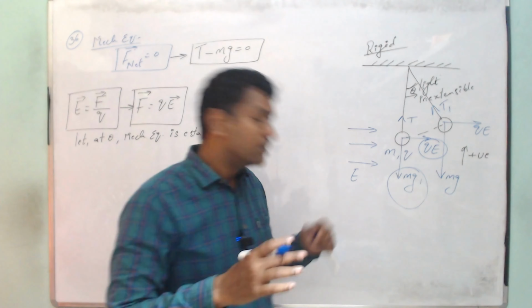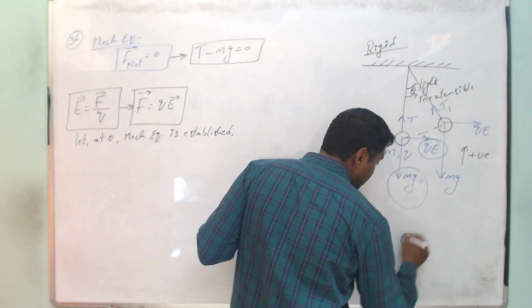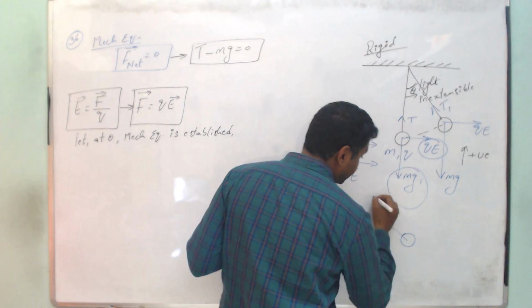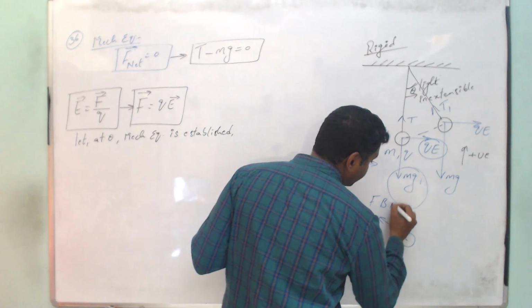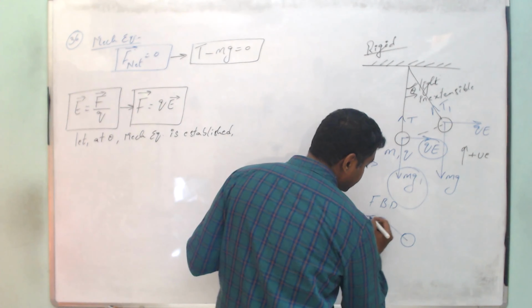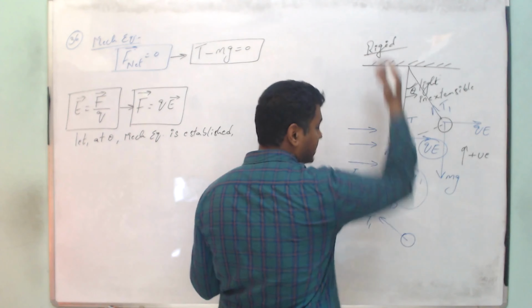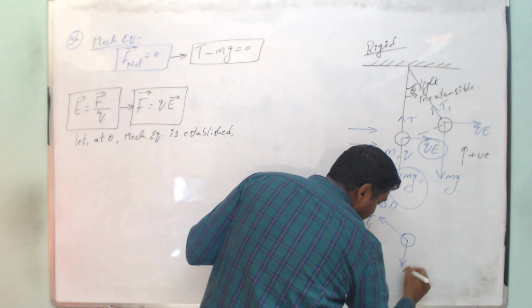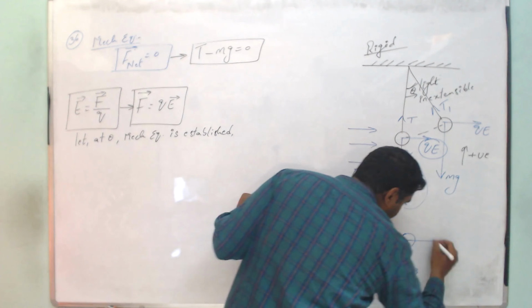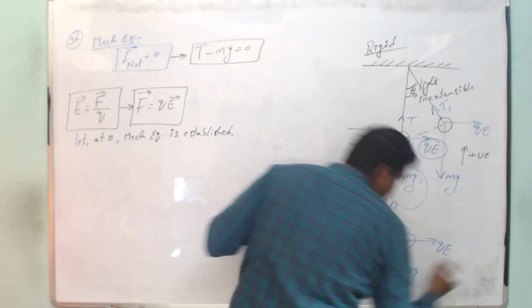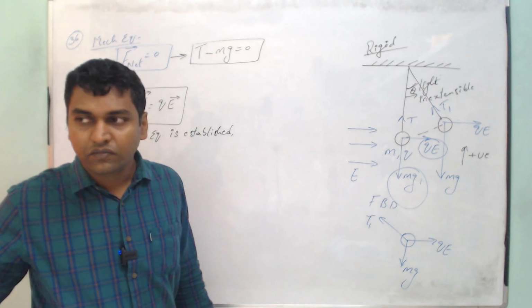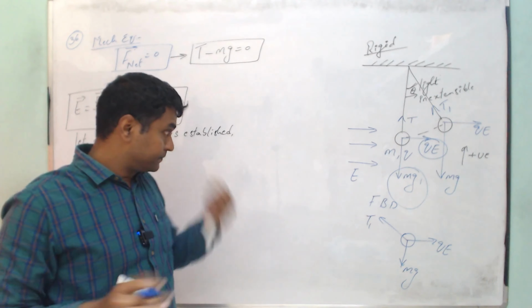Okay. Yes. Now we will draw a free body diagram and show all the forces over here. There is a tension force T1 in this direction, gravitational force vertically downward, and an electrostatic force horizontally. Is this clear? Yes.